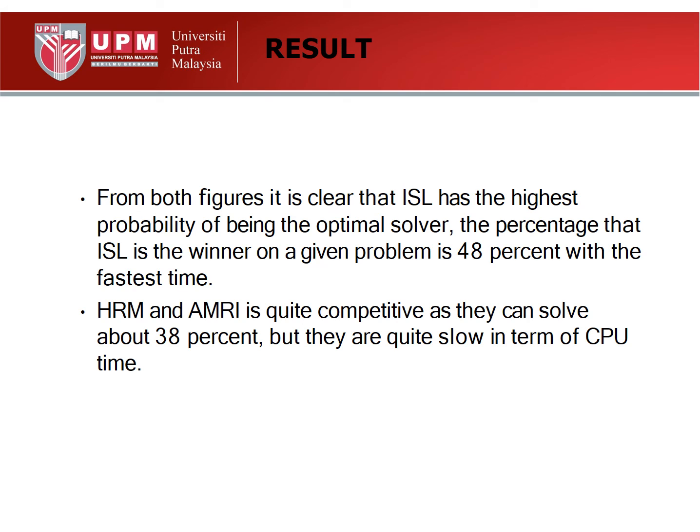From both figures, it's clear that ISL has the highest probability of being the optimal solver. The percentage that ISL is the winner on a given problem is 48%, which is the fastest time. HRM and RMIL are quite competitive, solving about 38%, but they are quite slow in terms of CPU time.